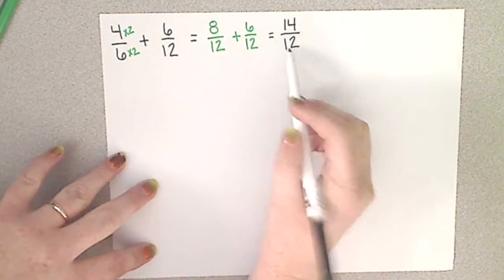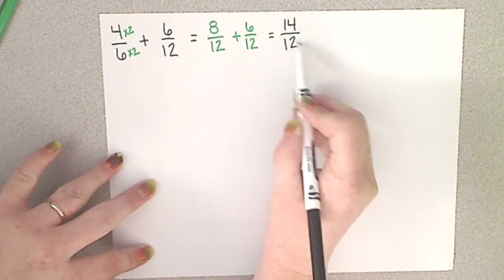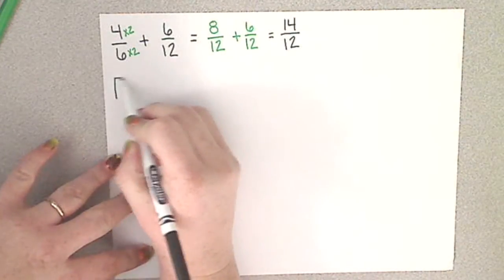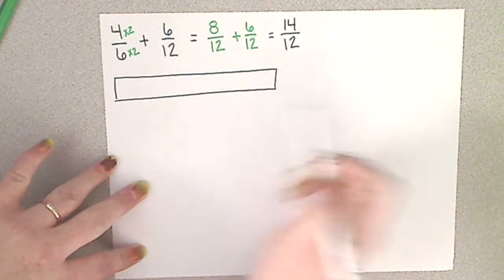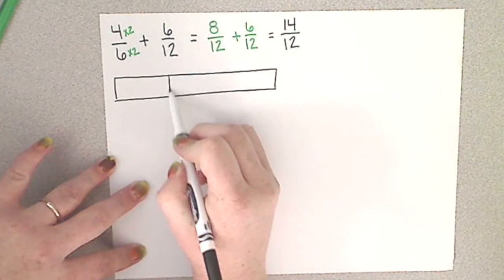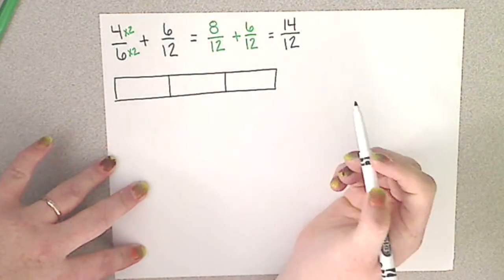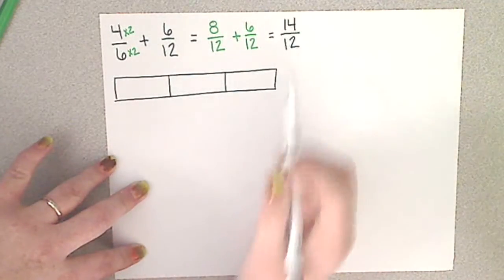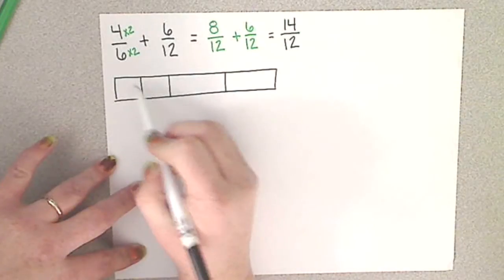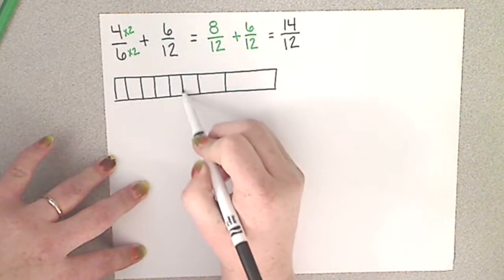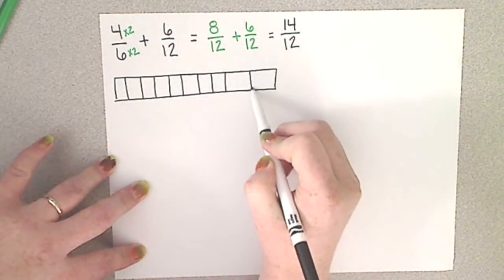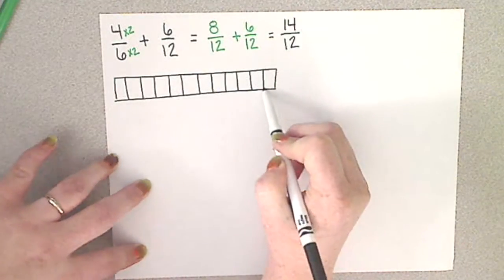I need to draw 14/12. Well, I know that one whole has 12 pieces. So I'm going to start with one bar with 12 pieces. I know that I can split this into thirds. And 3 times 4 equals 12. So I'm just going to take these 3 pieces, split them into 4, and I will now have 12 pieces in all.